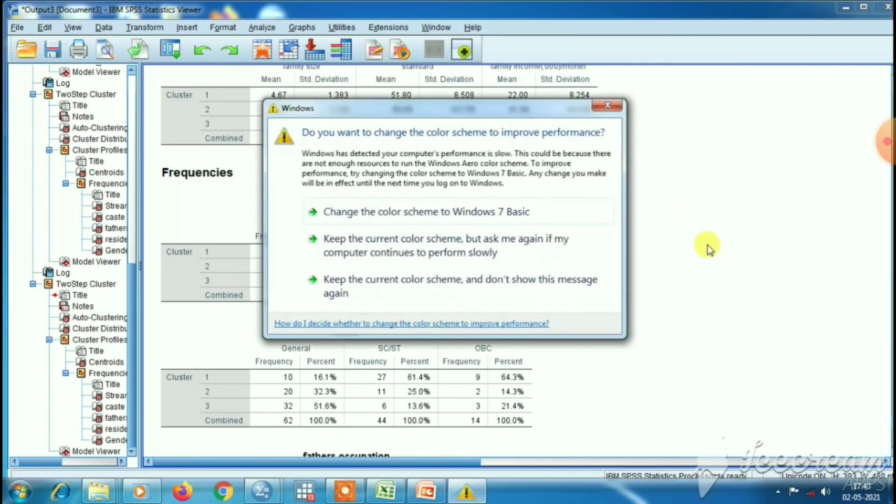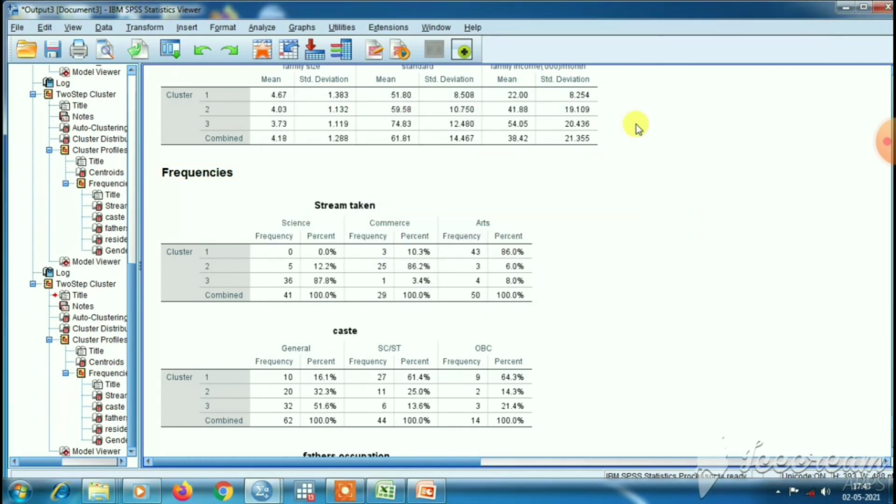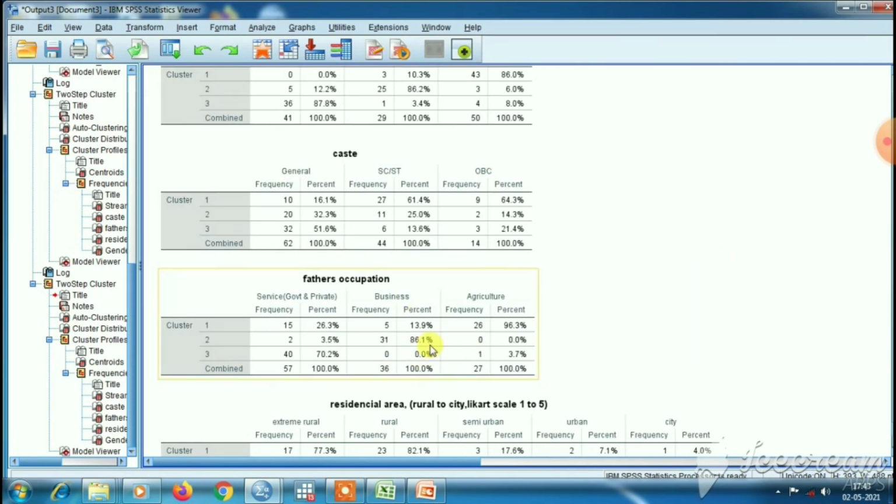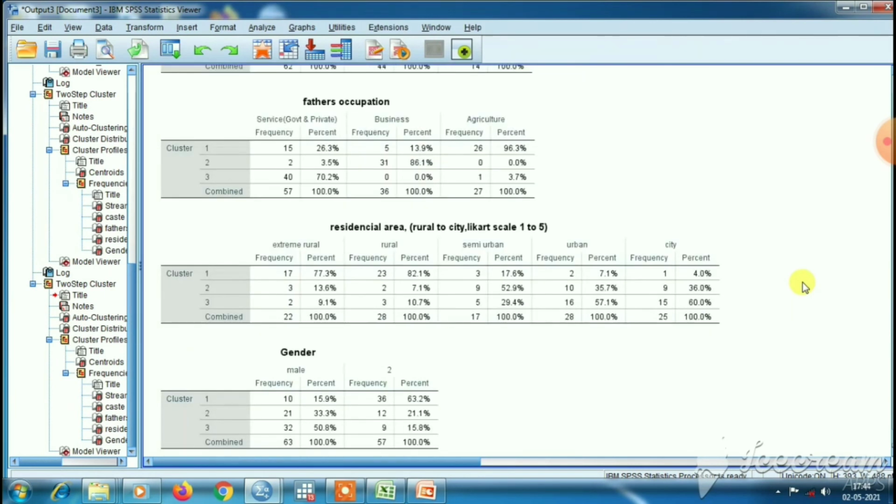So cluster 2 mainly consists of the participants from commerce opting for a commerce background. Similarly, the maximum percentage is in the general caste, so the maximum participants belong to the general caste. Similarly, for father's occupation, business: the maximum participants' fathers are involved in business activities.